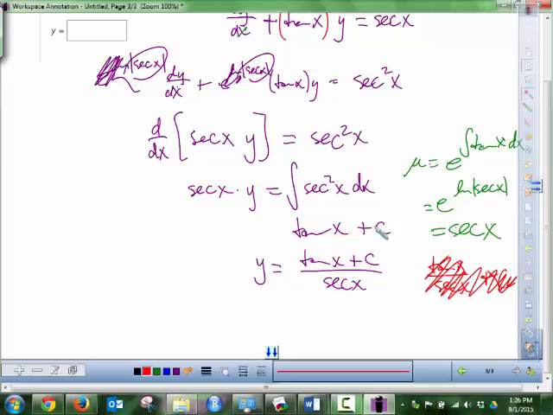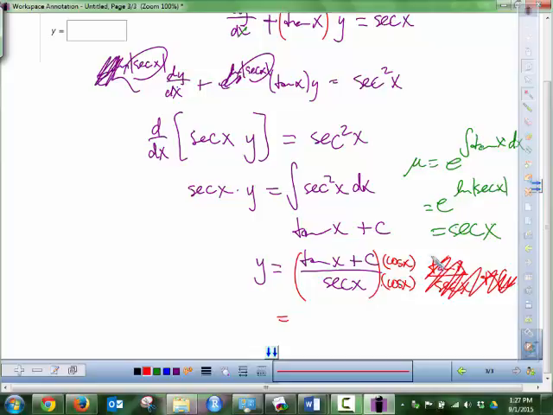I suppose you can leave it there, or we can multiply by the reciprocal of secant, which is cosine, right? And if we do that, what are we going to get? So multiply both sides by cosine x, or top and bottom when I say both sides.